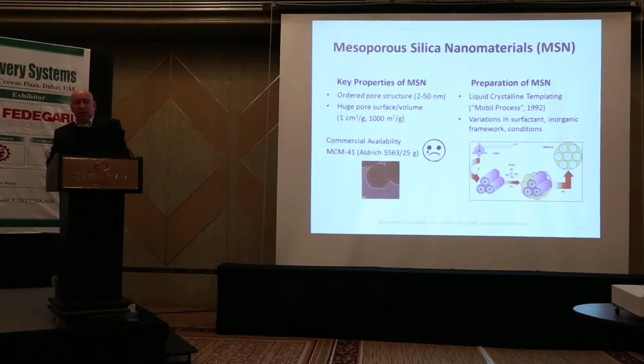I think one of the problems why people don't use it is, unfortunately, it has very limited commercial availability. Pretty much every single piece of research is done on homemade silica, and if you check, for example, the Aldrich catalog, you can find a material like MCM-41 for a cost of $563 for 25 grams, which makes it very difficult to do the research.